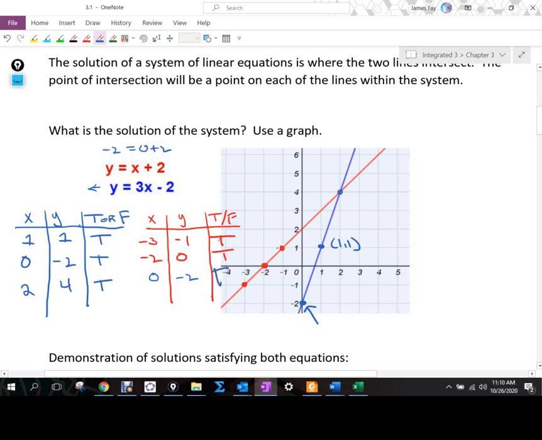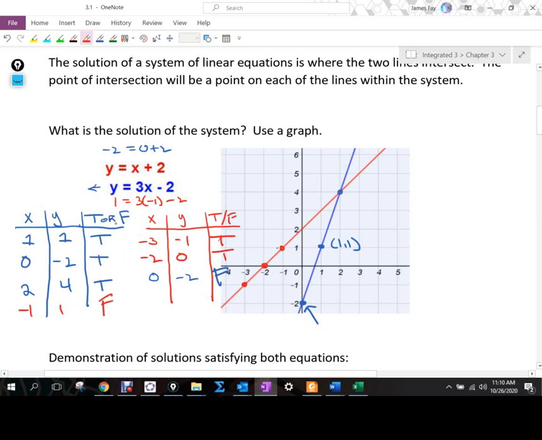That'd be false, right? And if I plugged a red point like negative 1, 1 into the blue one, 3 times negative 1 minus 2, well, that's negative 5, and 1 does not equal negative 5. So that would be false.